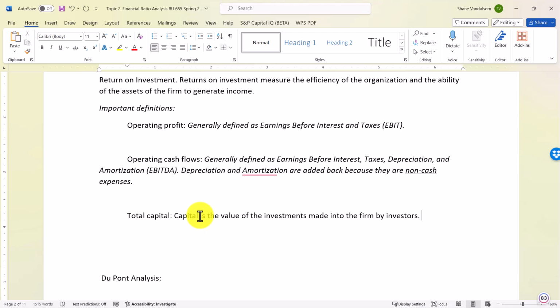So capital is going to include the amount that has been paid in terms of equity by investors, by stockholders. Whenever a company has their IPO and they issue their stock for the first time, that's when money is taken from investors, from stockholders, and given to the company to fund their operations or to fund their investment, or actually in many cases just to pay off the original investors of the firm.